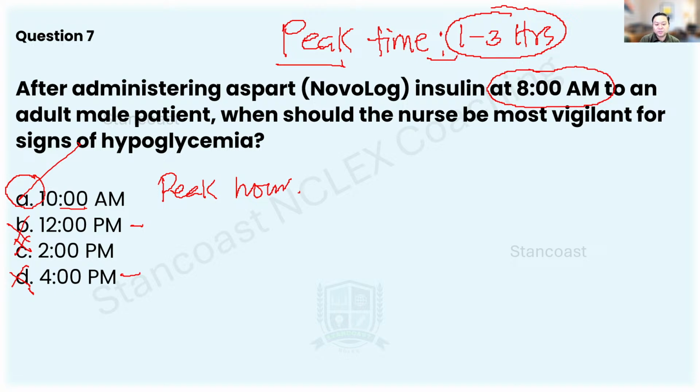You're probably going to have to give them rescue simple sugar, or maybe a simple snack. It will depend on how low the blood sugar is around that time, especially for newly diagnosed diabetic patients. Sometimes they're so naive that they will drop significantly.